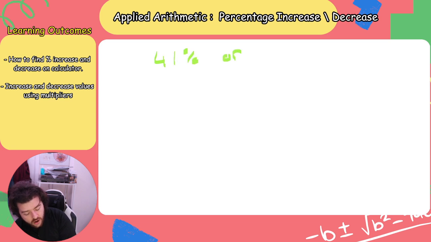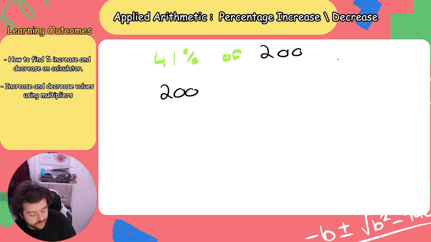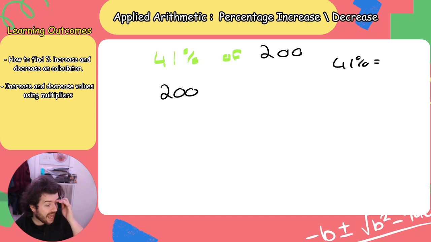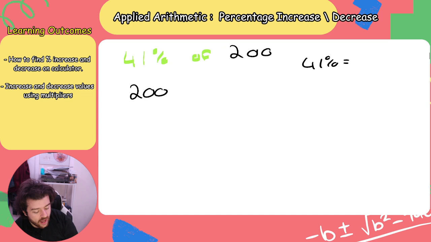So, for example, if I want to find 41% of €200, what I can do is first write 41% as a fraction or as a decimal. So I can write this as 41 over 100 or 0.41.